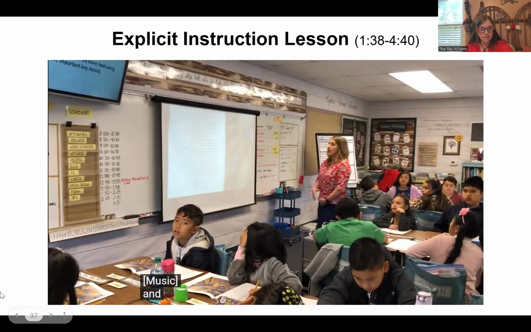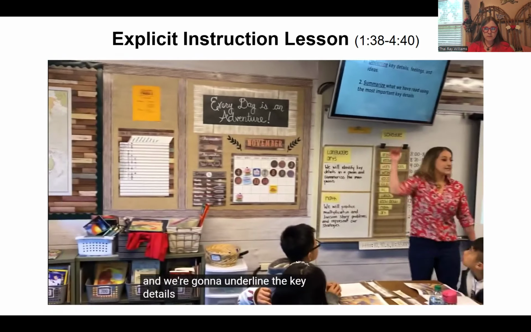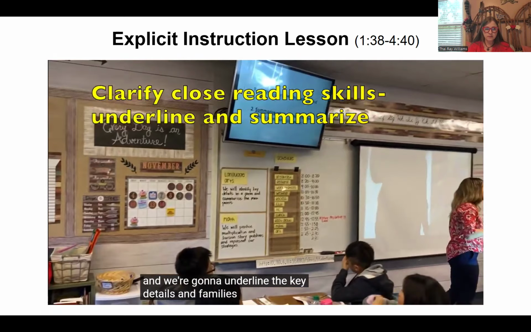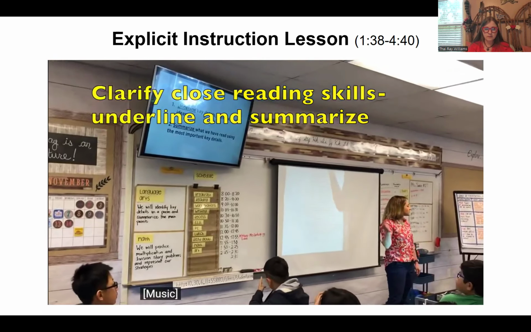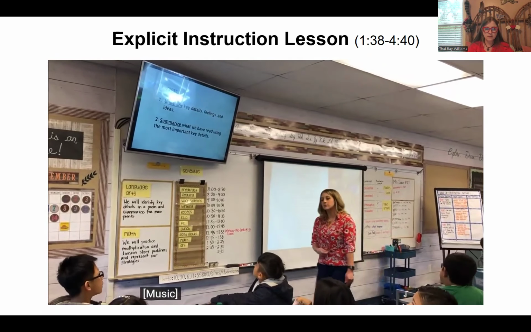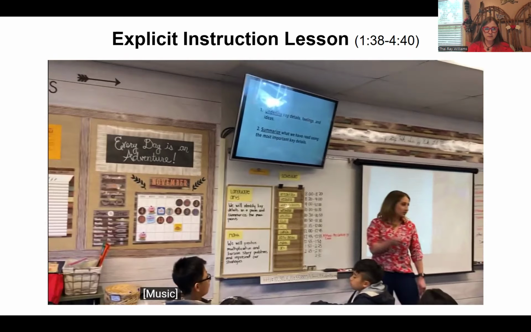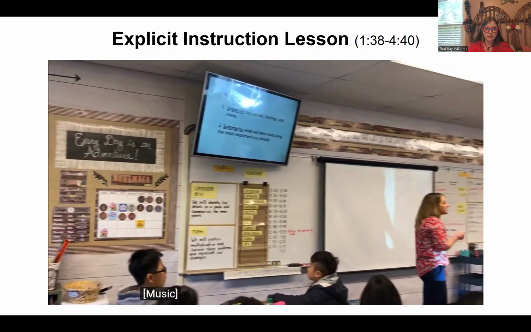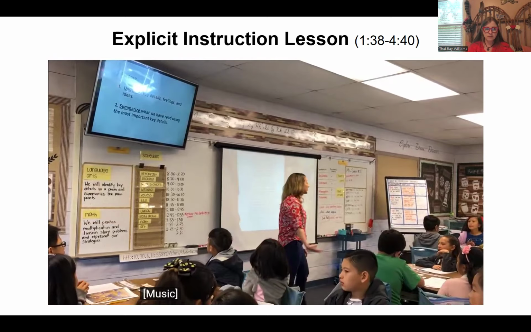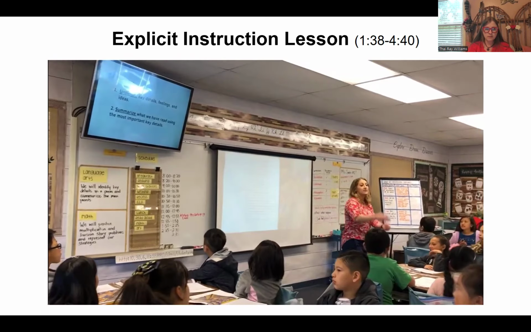We're going to underline the key details and the feelings and the ideas of the author. You say that would be underline? Key details. Say it one more time. Underline. Key details. Now we decided our next purpose, we always think about summary.